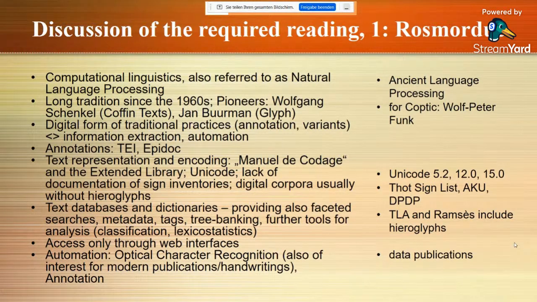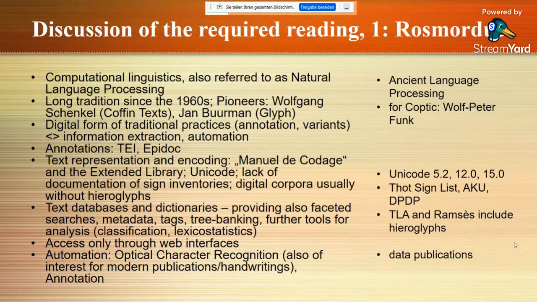And it's very interesting to revisit that paper 10 years later and see what has happened in the meantime. So on the left side, you see things that we found are important and discussed in that paper. And on the right side, you have some comments also showing the later developments.